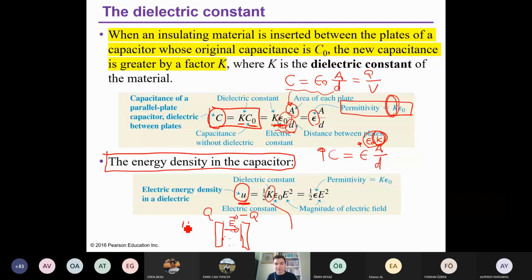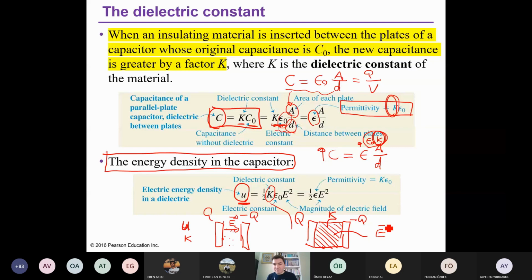What happens if I insert a dielectric material between the plates? Again, we have the same charges, and now we have a dielectric material between the plates with a certain K. What is the electric field here, and what is the electric energy density?